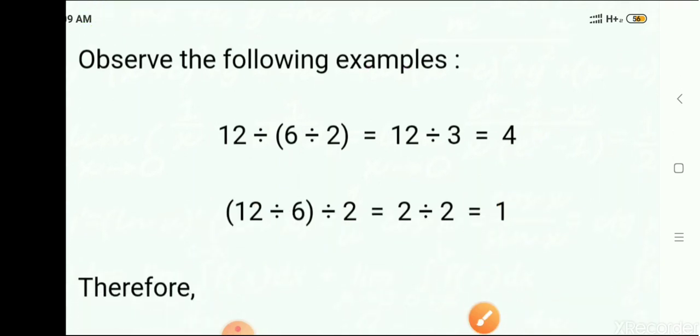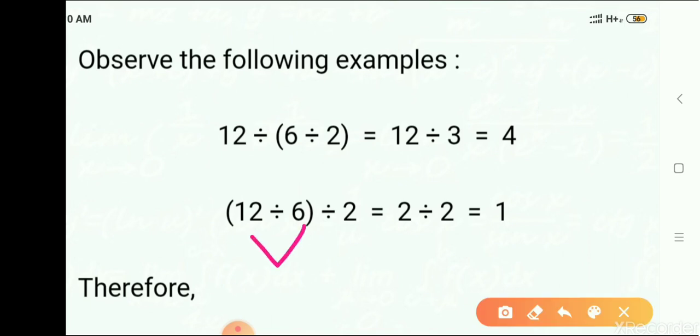Now in the next case we have paired up the first two integers, that is (12 divided by 6) divided by 2. We solve the bracket and our answer will be 2. So finally this converts into 2 divided by 2 and our answer will be +1.